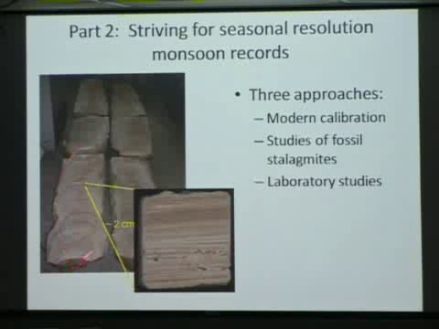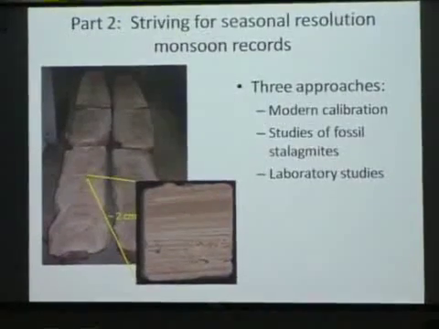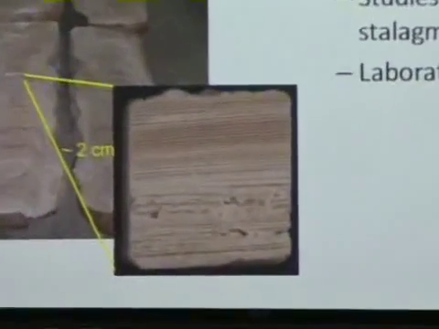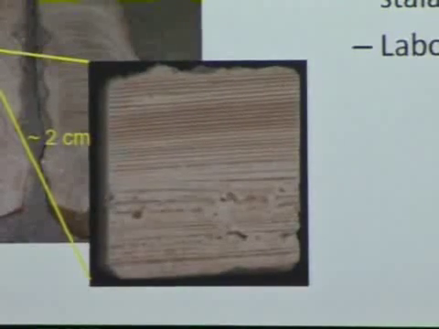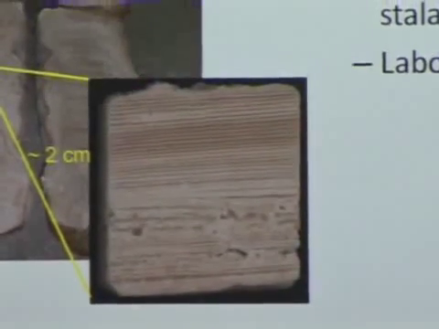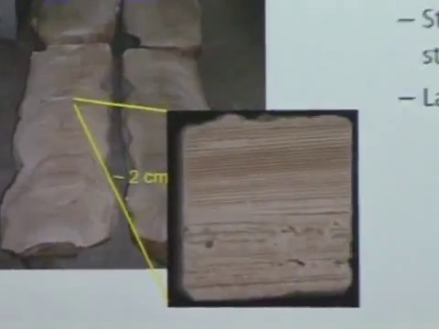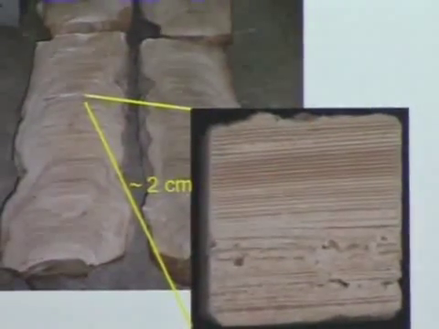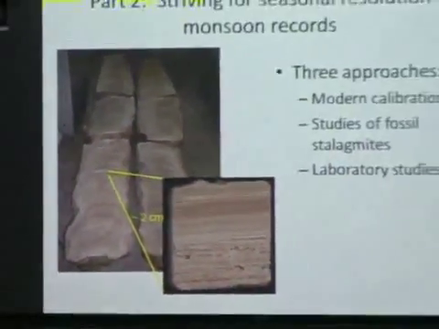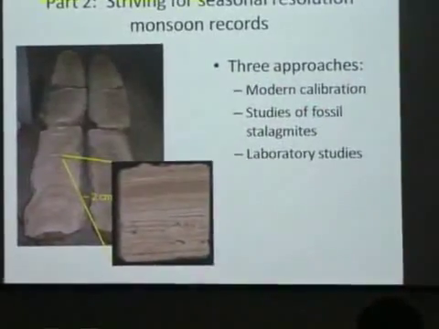So this is, again, showing you that HS4 stalagmite split in half now, an example of some of these annual laminae. They occur as these dark light couplets, basically. And we've taken a few approaches to try and get seasonal resolution climate records out of these. One is modern calibration approach, which is also important for understanding the interpretation of the long-term proxy records.